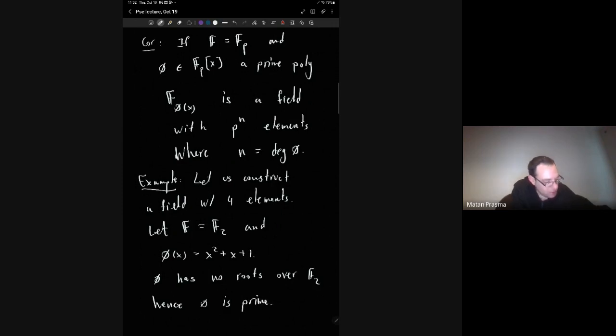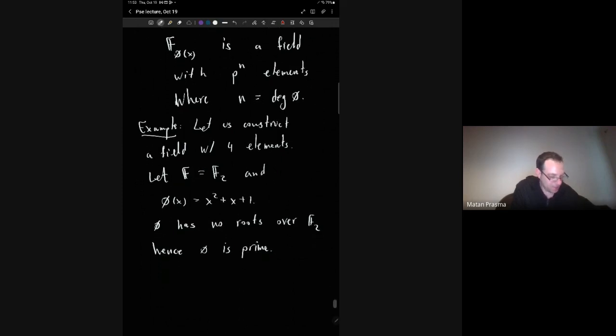I mean, how do you see it has no roots? In this case, you can do a brute force. You substitute 0 instead of x, you get something non-zero, you get 1. And you substitute 1, you get 1 plus 1 plus 1, which is still not 0. So I took a prime polynomial over F2.